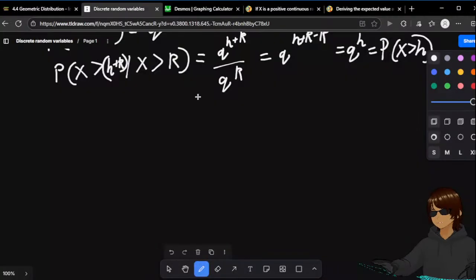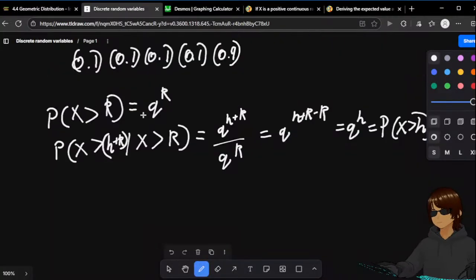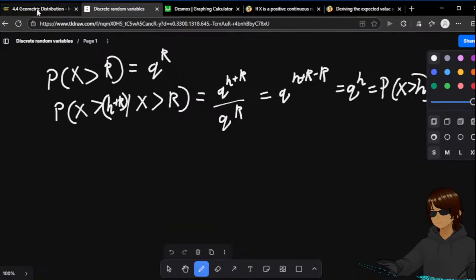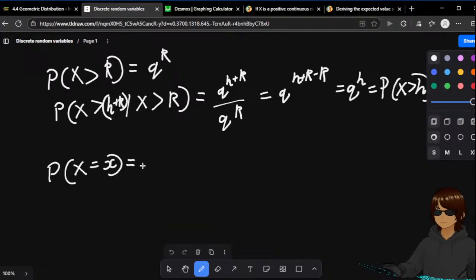Okay, this is the right equation. Probability that x is equal to x: failure x minus 1 times and then success in the end.